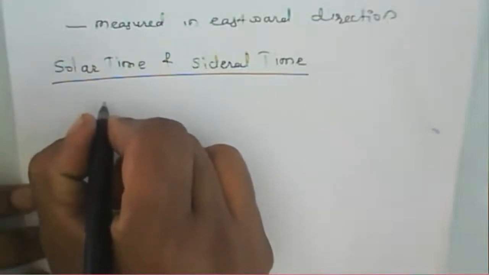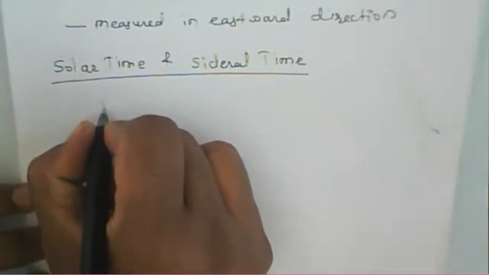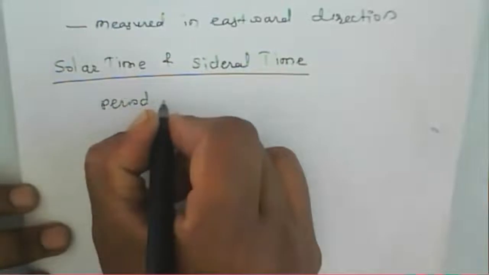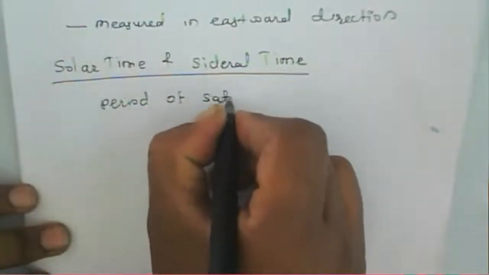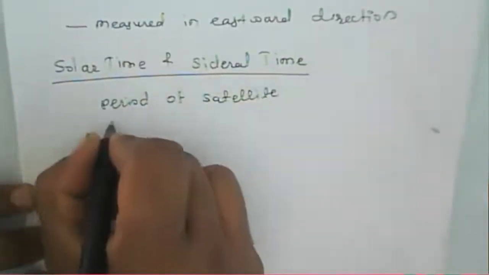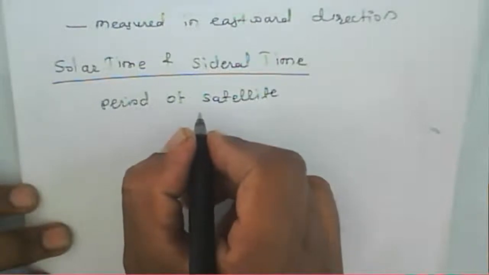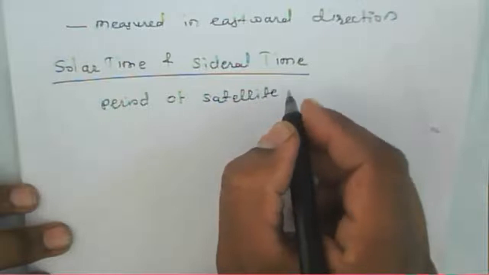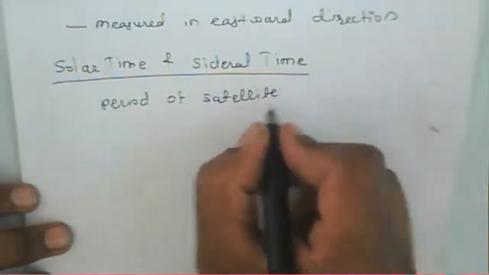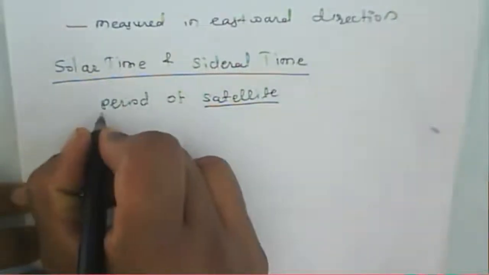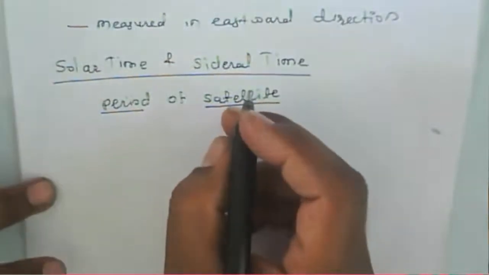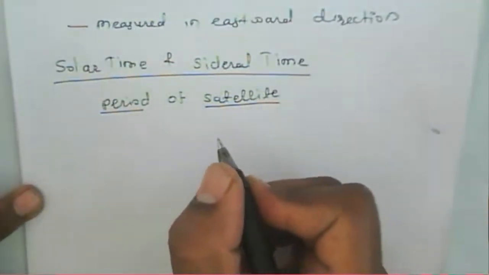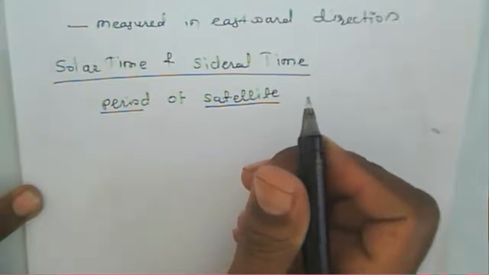The period of a satellite needs to be considered with some particular reference time. For getting the period of a satellite, we need to consider some particular reference time.